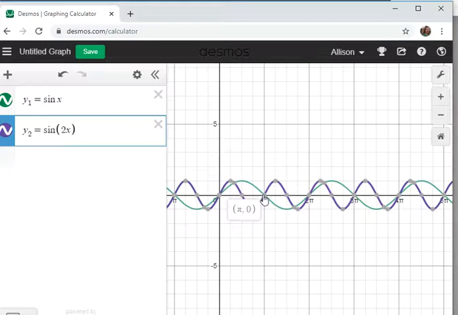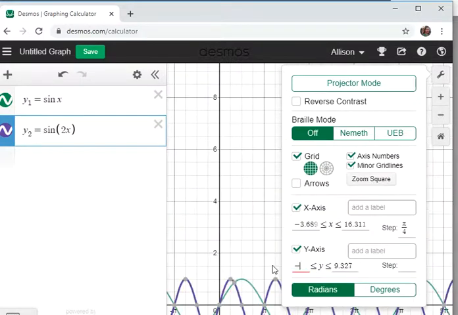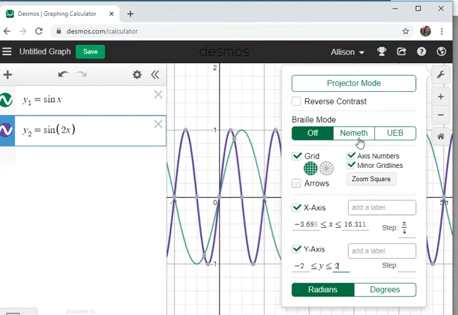Okay, so in the next piece it says, what do you notice about where they touch, e.g. maxima, minima, or elsewhere? So I'm going to shrink this so that I can zoom in a little more. There we go. So you can see those still 2 periods.